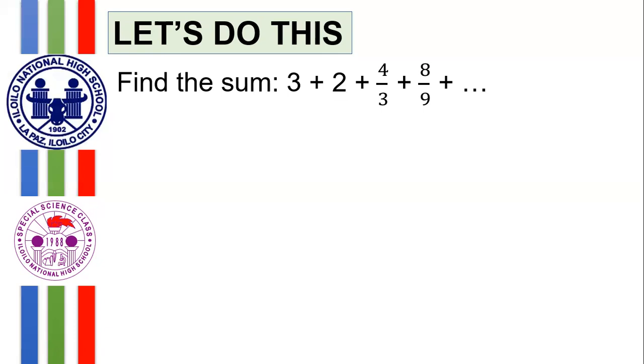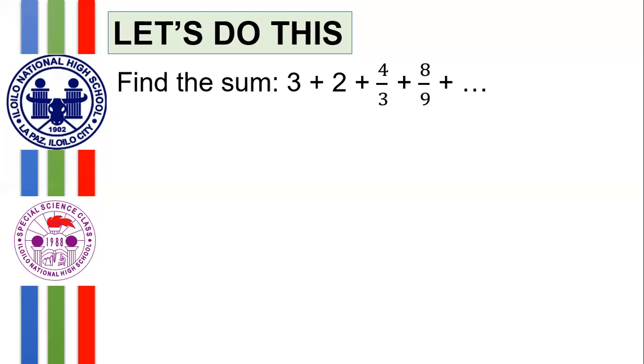So note that before doing the next steps, you have to make sure that it is infinite, converging, and geometric all at the same time. If it does not satisfy all of those conditions, then I suggest that you do not do this next step.